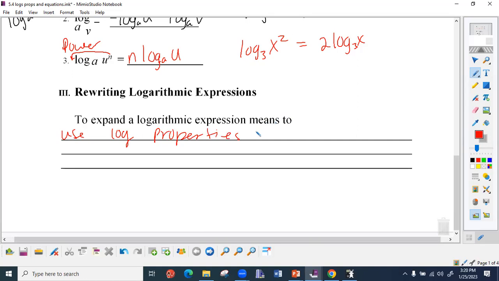And the goal is to use log properties to create simple sums and or differences and products. So we're taking one log and turning it into multiples so that we can evaluate in parts. Does that make sense?